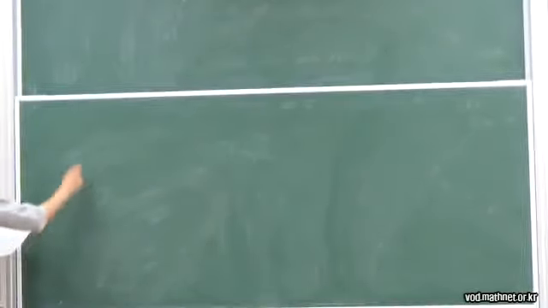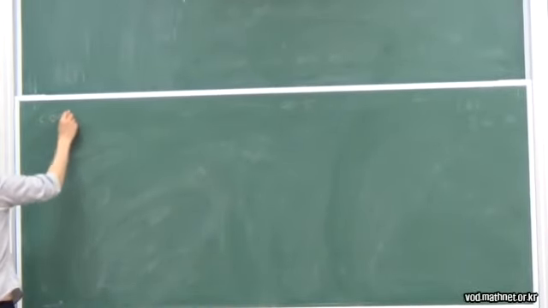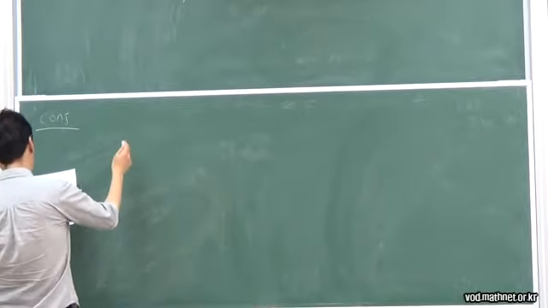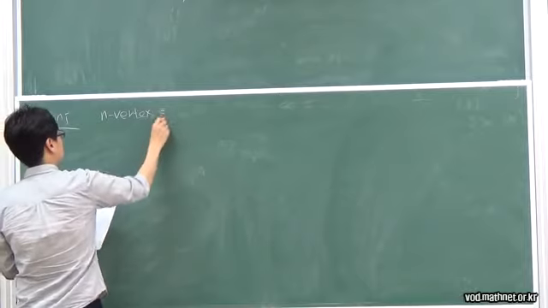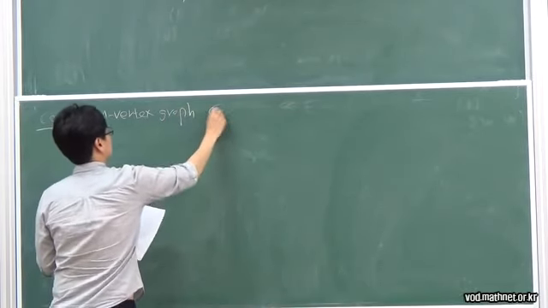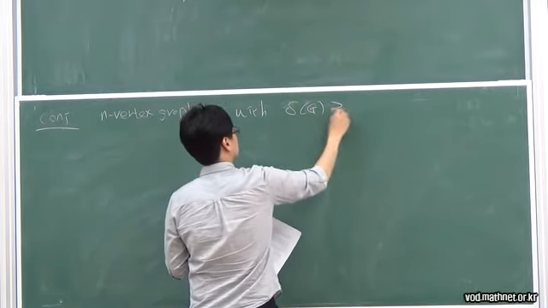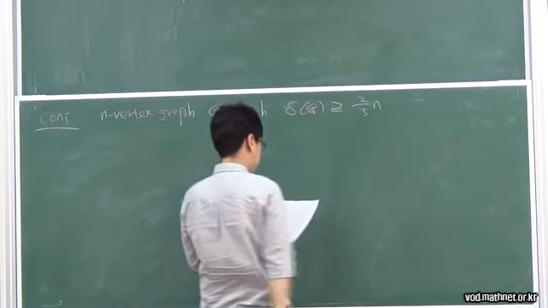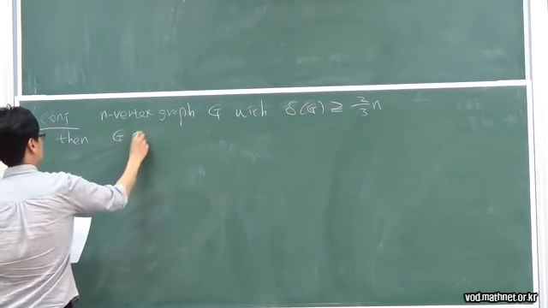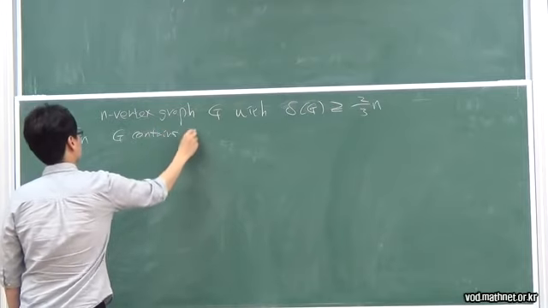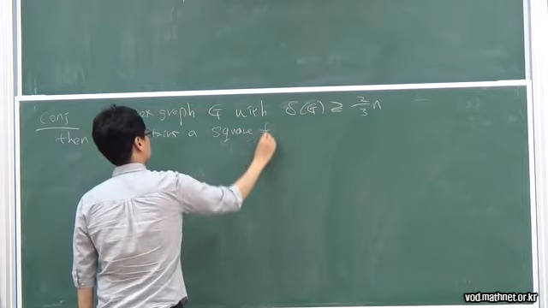There is this conjecture by Posa, which says that if we have an n-vertex graph G which satisfies the minimum degree condition at least 2n over 3, then G contains the square of a Hamilton cycle.